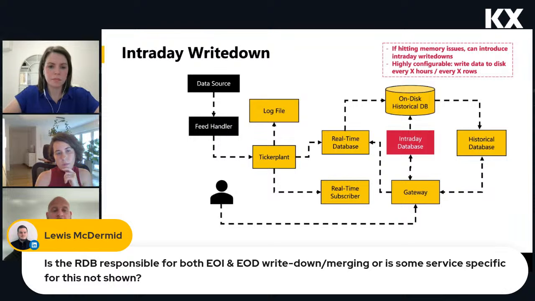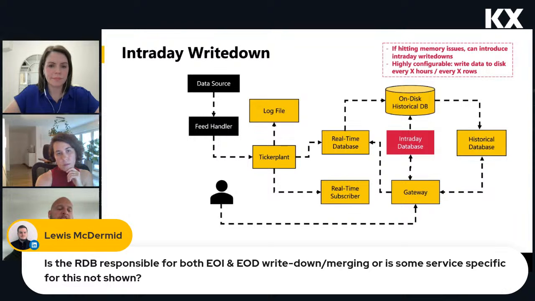This again has its pros and cons. The RDB already has the data in memory and could just write it down to disk, which makes it faster and more efficient. If you have a different process that needs to write to disk, it does that by reading the TP log file into memory and then saving down.